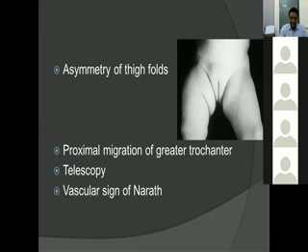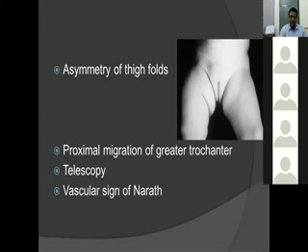The next sign is the vascular sign of Narath. Normally, where do you palpate femoral pulses? Femoral pulses are palpated 1 inch, 0.75 centimeters, below and lateral to the inguinal ligament. How do you palpate any pulse? At the back there should be hard bone support. So usually we palpate the femoral pulses against the femoral head.